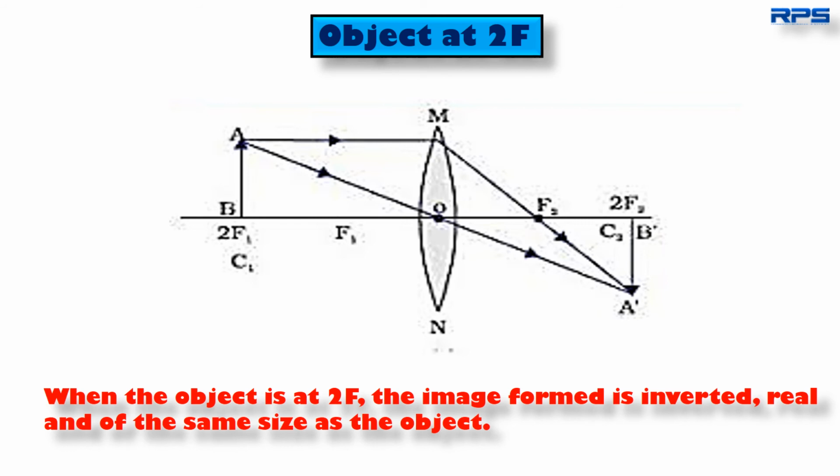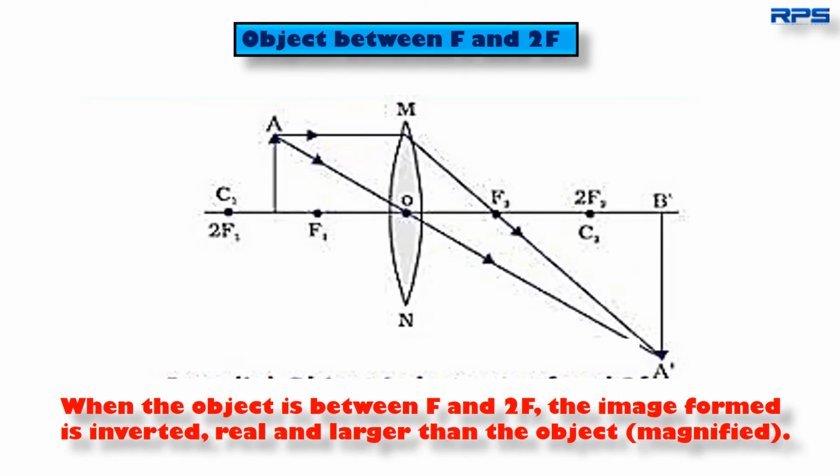Object between focal point and 2f, that is a point at a distance of twice the focal length. When the object is between f and 2f, the image formed is inverted, real and larger than the object. Object at focal point.